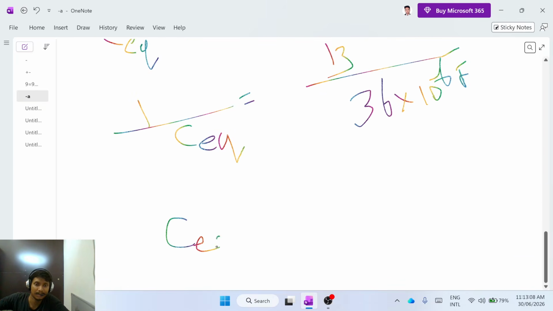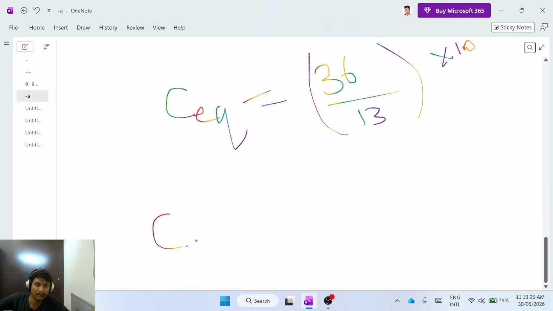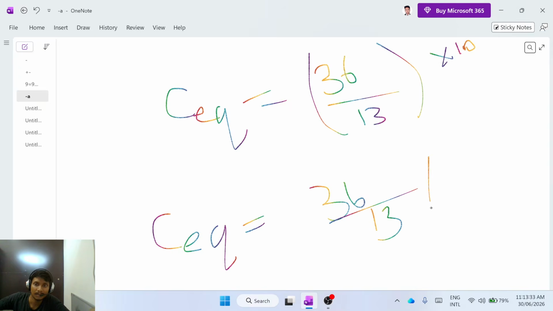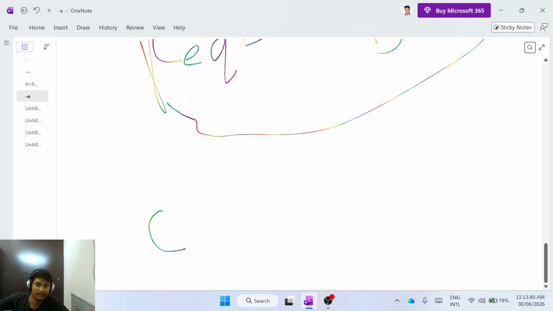Now C equivalent is equal to 36 by 13 into 10 to the power minus 6 farad. Therefore, C equivalent is equal to 36 by 13 microfarad.